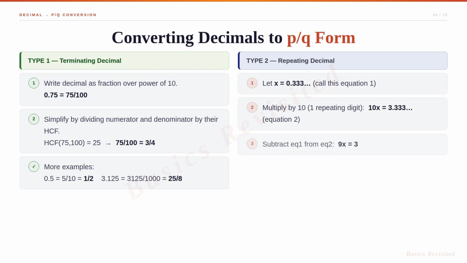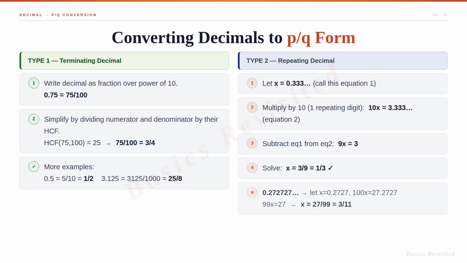Step 3. Subtract equation 1 from equation 2. The repeating part cancels out. We get 9x equals 3. Step 4. Solve for x. x equals 3 over 9, which simplifies to 1 over 3.